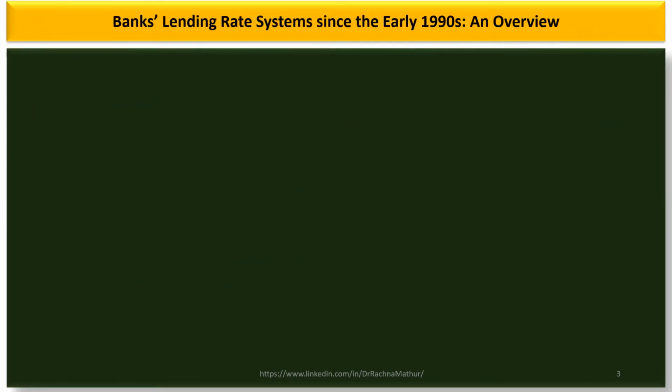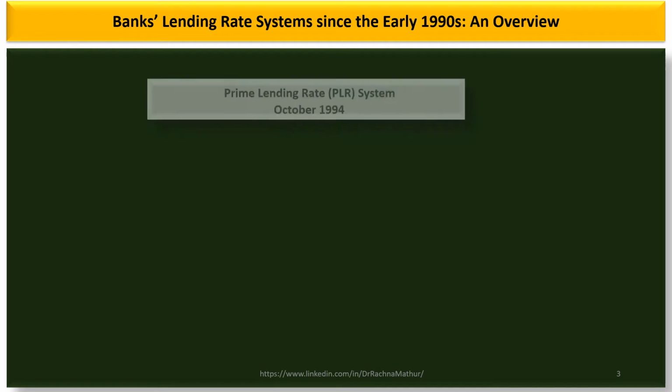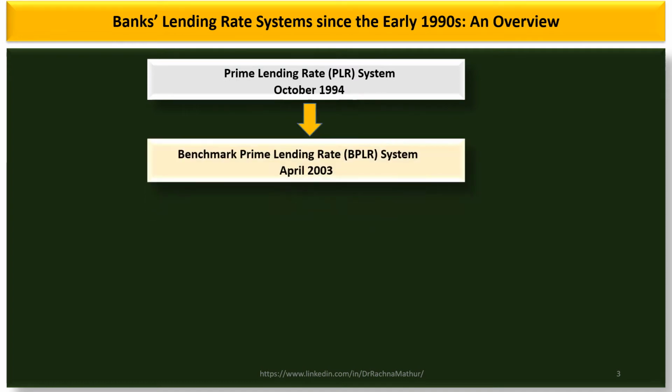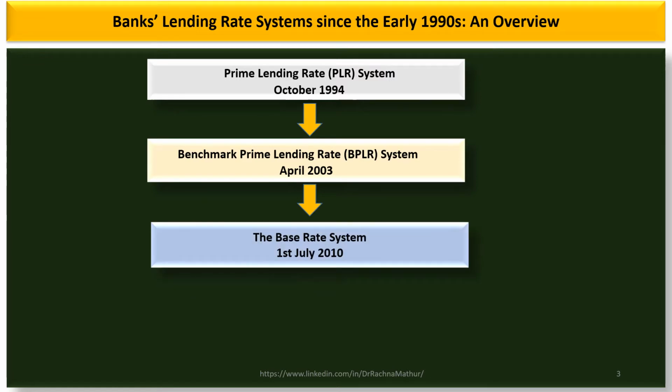In this slide, we will see the banks' lending rate system since the early 1990s. RBI first introduced the prime lending rate system in 1994. In 2003, the prime lending rate system was replaced by RBI through the benchmark prime lending rate system, BPLR. Again in 2010, RBI introduced a new lending rate system called the base rate system, replacing BPLR.